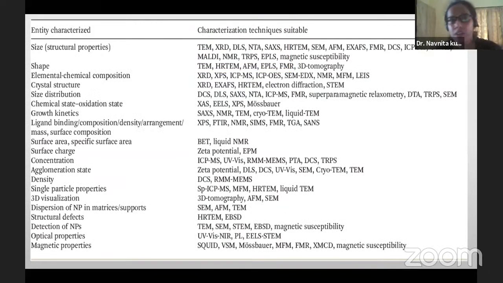There are lots of characterization techniques which are used for different applications, and they show different properties such as size distribution: DLS, SAXS, NTA, FMR, superparamagnetic relaxometry, SEM, etc. For surface charge: zeta potential, EPM.